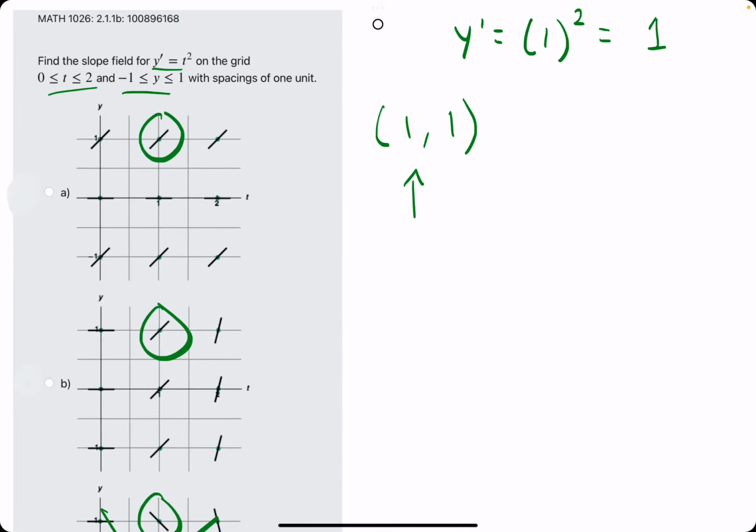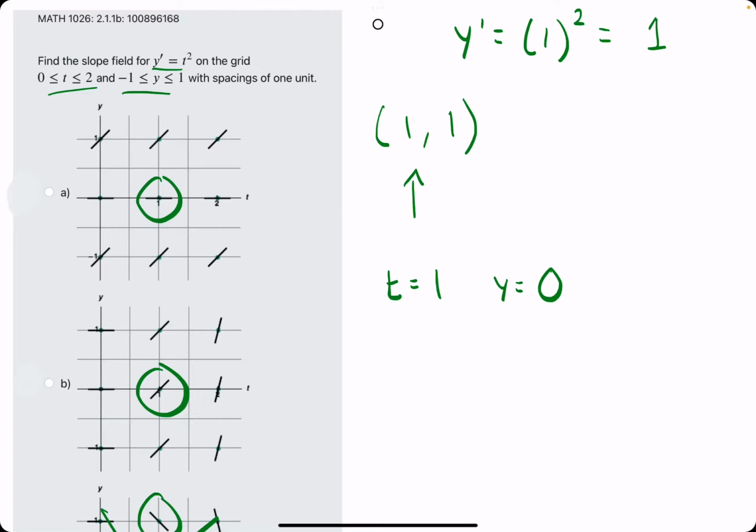All right, so then let's pick another location that would help us distinguish between options A and B. Something I look at is this center point here, at t equals 1 and y equals 0.